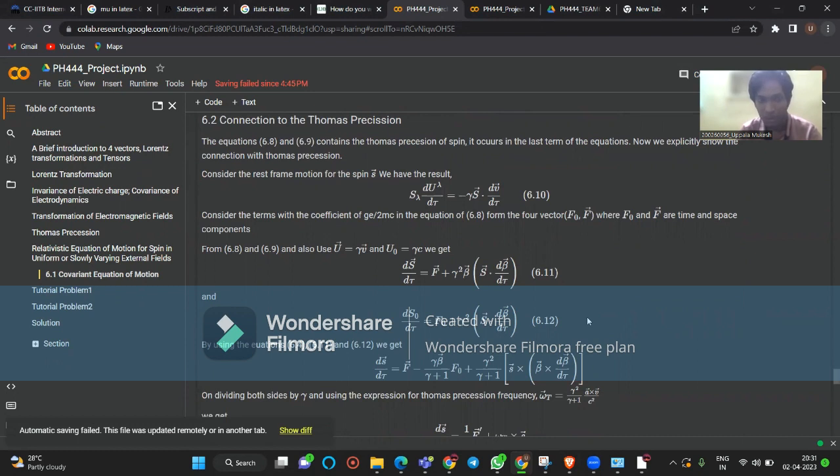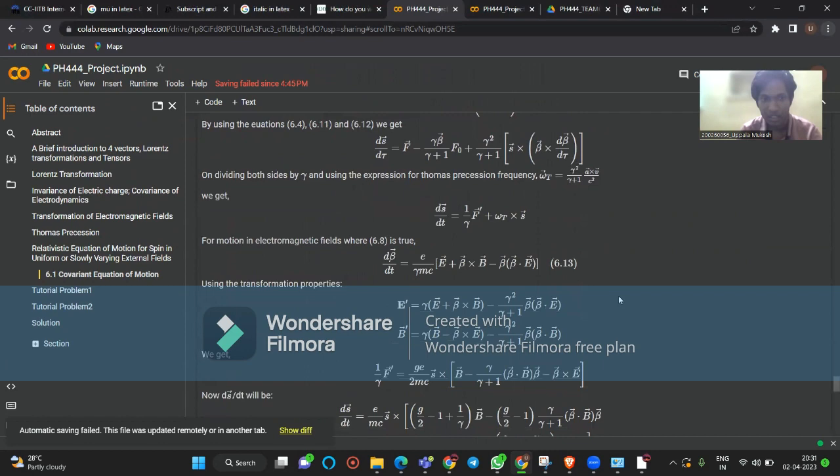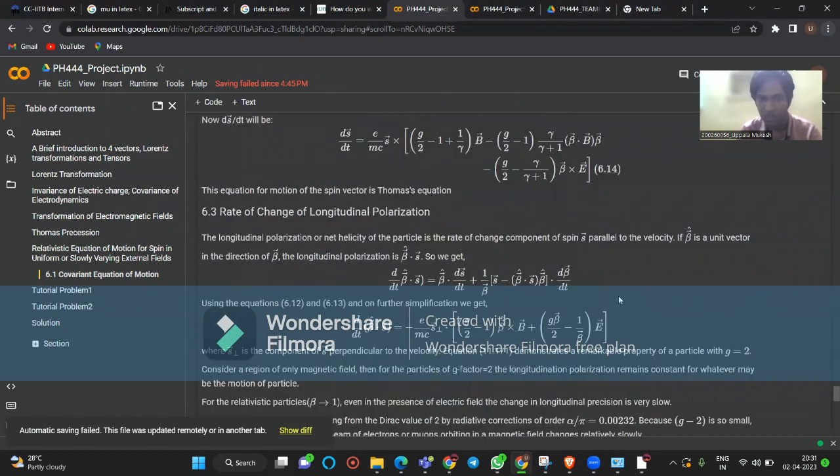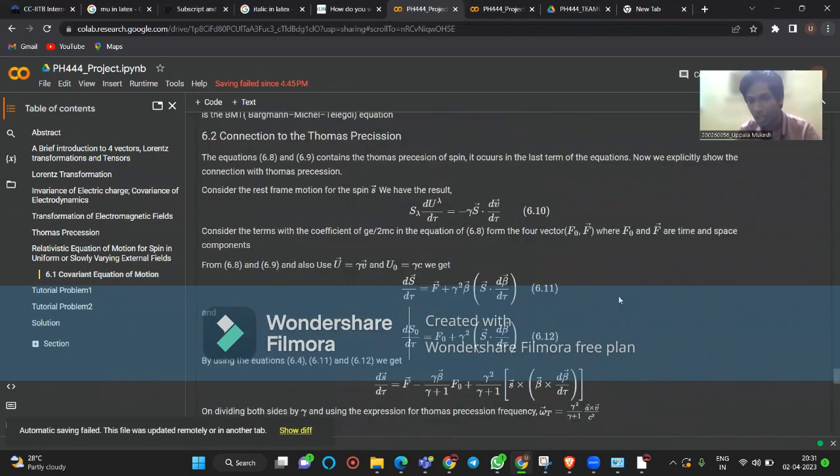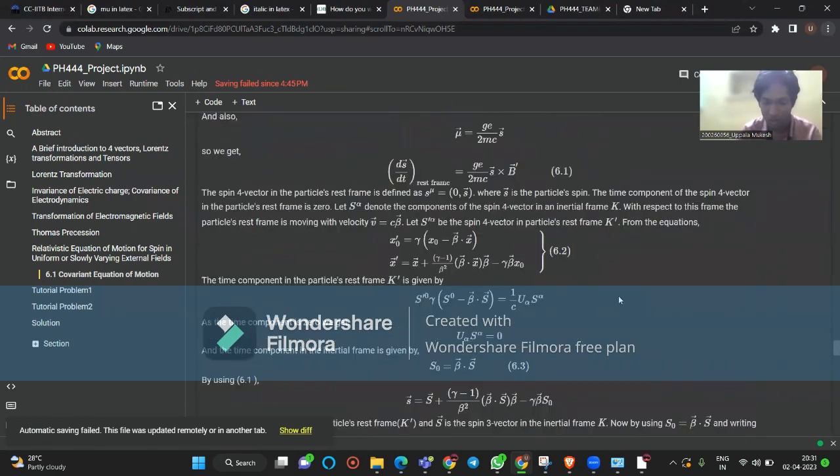And in 6.2, we'll be rewriting those equations in terms of omega T, the Thomas angular frequency, and we'll be seeing explicitly how they are connected. And in the last section, we'll have an application of the 6.2 section. Now let me go through them briefly.